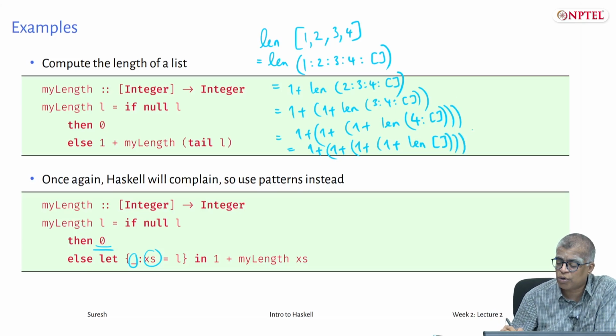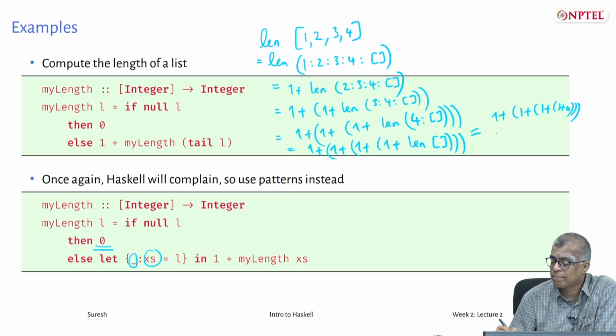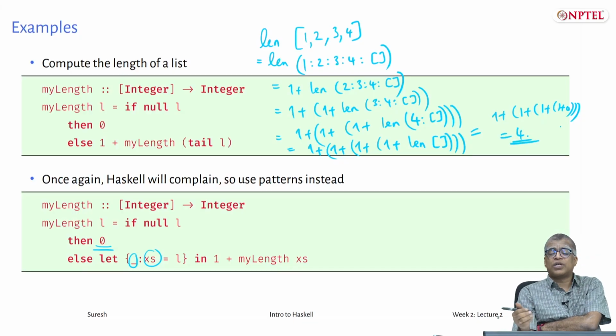Len of empty list is 0, so this should simplify to 1 plus 1 plus 1 plus 1 plus 0, and that is nothing but 4. So this is how the computation will proceed.